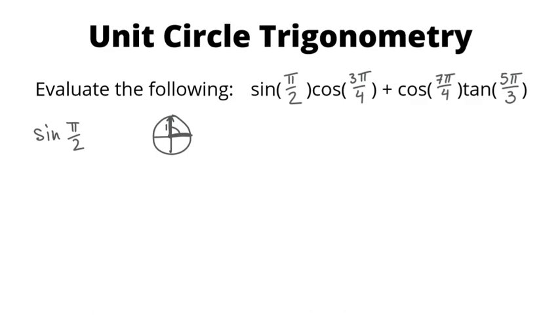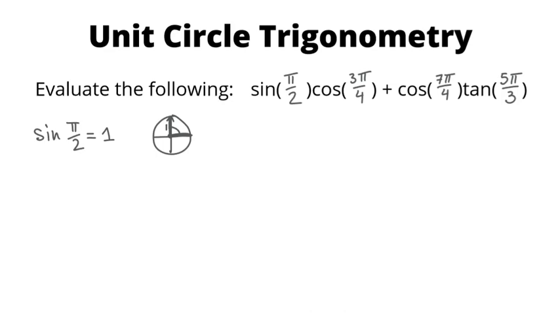There is no adjacent side if I was trying to form a triangle because the angle is right on the y-axis, which means the adjacent side is 0. The hypotenuse, if I tried to form this triangle, would still also be 1. So the sine of a 90-degree angle, or of pi over 2, because it falls right onto the y-axis, is equal to 1.